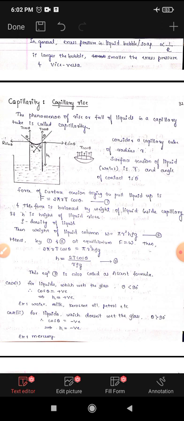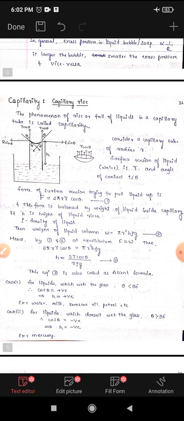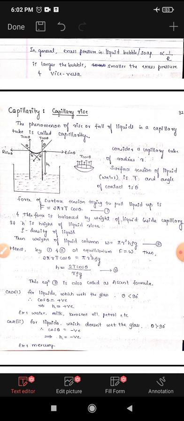but it acts horizontally, so it is not responsible for the rise of the liquid inside the capillary. So we take just the force responsible for the rise of the liquid layers inside the capillary, that is T cos theta.